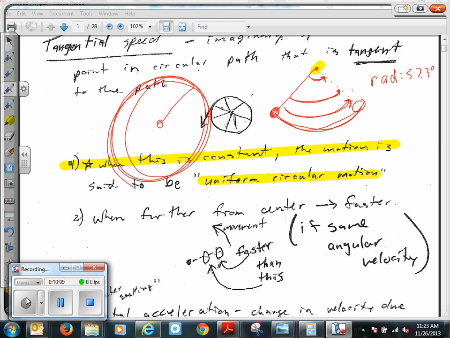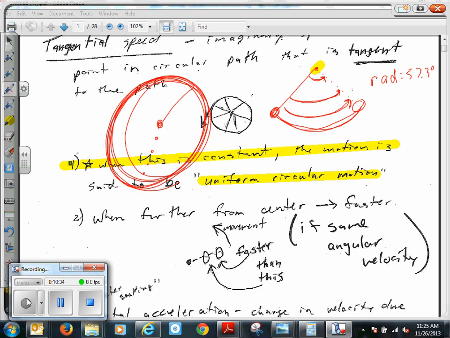But now here's the question. If you were on a merry-go-round and you were going really, really fast, would you feel a difference if you stood here, or here, or here, or here? And what difference would you feel, and why? Everybody knows that it's different.